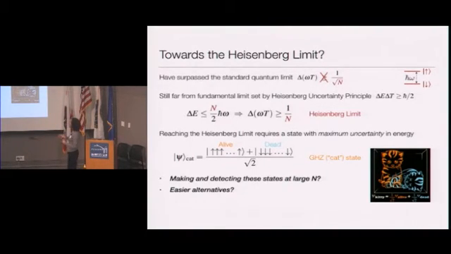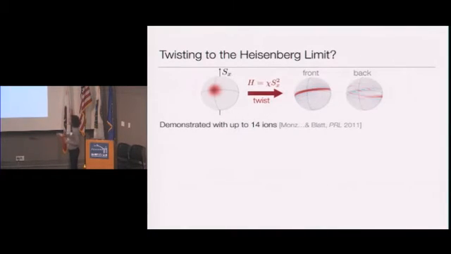But first, let me just say, what's the state of the art in preparing this type of state? Well, it turns out that the type of nonlinear Hamiltonian that I showed before has actually been used to prepare these maximally entangled cat-type states of up to 14 ions using phonon-mediated interactions.